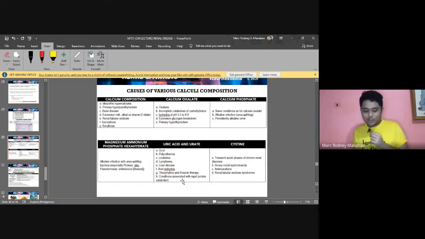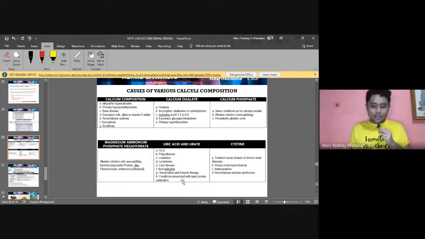So calcium increases. For CaOx, as you can see, oxaluria, increased intake of oxalic acid foods or ascorbic acid-rich foods. Or again, bacteria whose main function is to degrade oxalate, your Oxalobacter formigenes. So if you don't have that bacteria, you have oxaluria or hyperoxalemia.